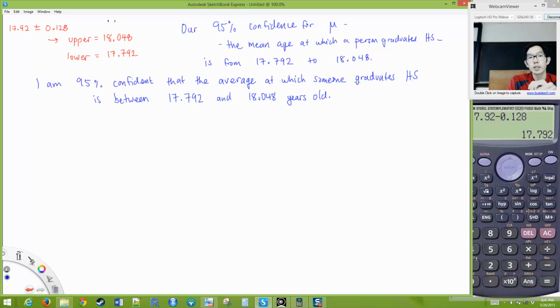Okay. Does that mean everybody who graduates high school is between 17.792 and 18.048 years old? No. This is a statement about what? It's a statement about the population mean mu.